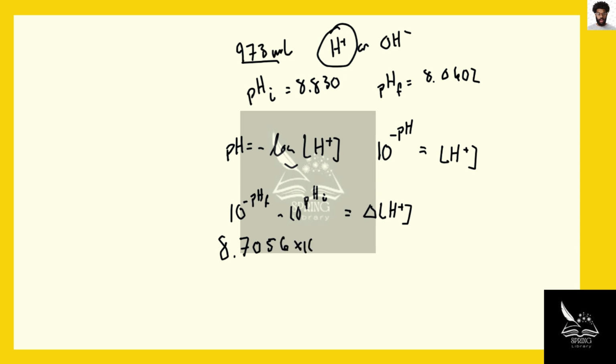Minus 10 to the negative 8.830. And I get, with 4 sig figs, 0.1479 times 10 to the negative 9th.